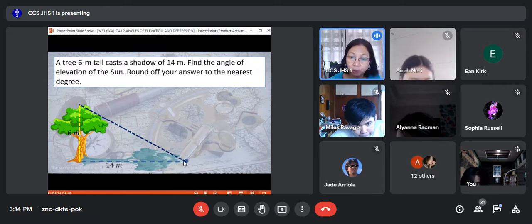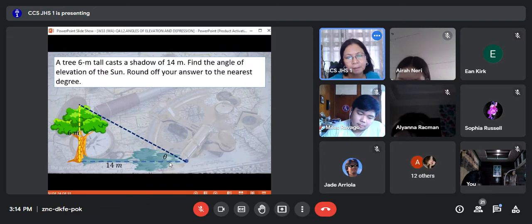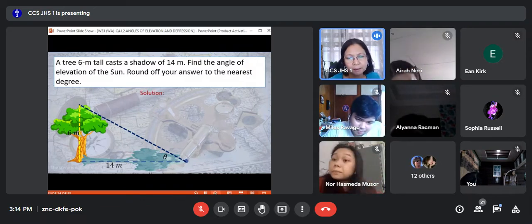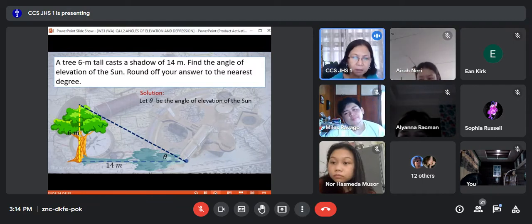The tip of the shadow, of course, and then the top of the tree. We are going to find this angle of elevation. The shadow is 14 meters. So we will let theta be the angle of elevation of the sun.